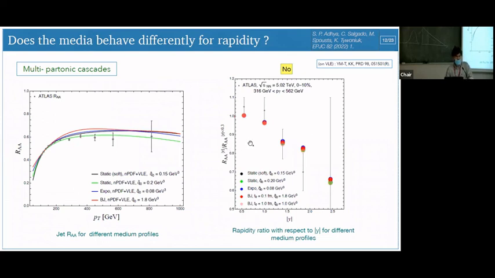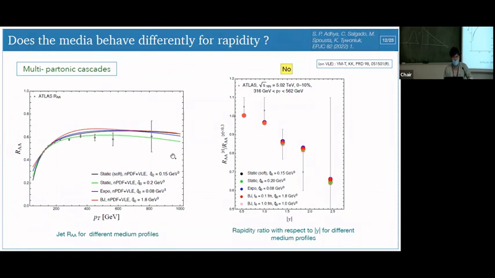But why do you see a rapidity dependence? The answer should be for this v2. It basically travels different lengths inside the medium, but for this rapidity, if you just take the ratio, it lies on top for different ratios. This RAA plot is done for rapidity 2.8, and if we go for different rapidities, they will also lie on top of each other, because it is sensitive to the length, but not that much to the rapidity ratios.